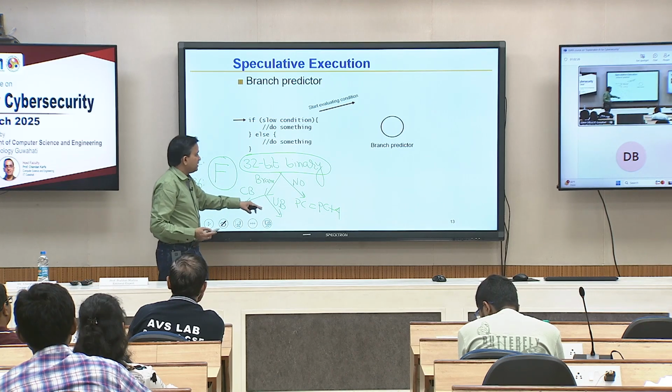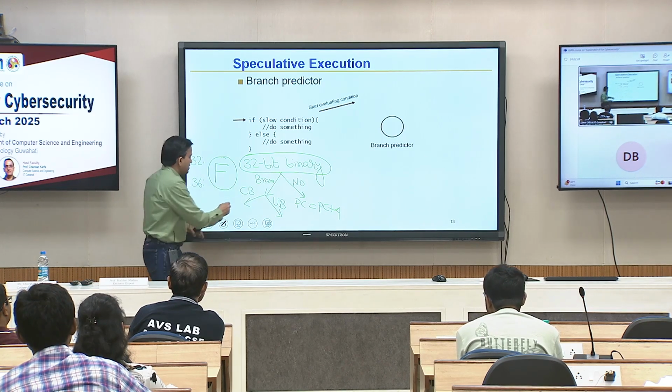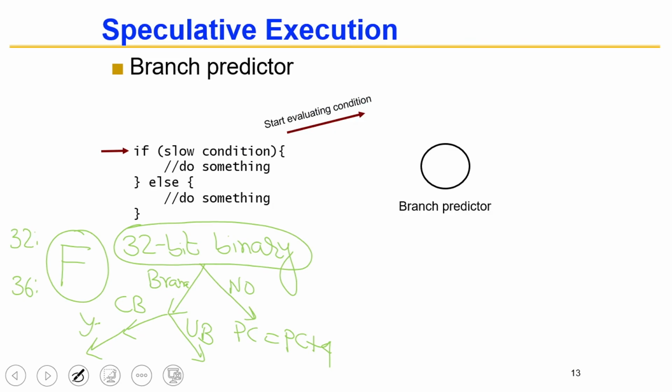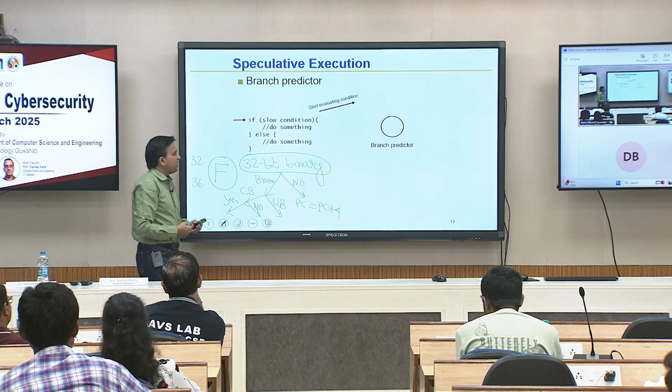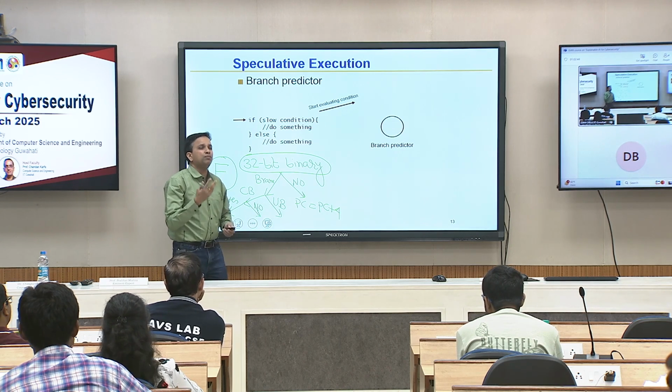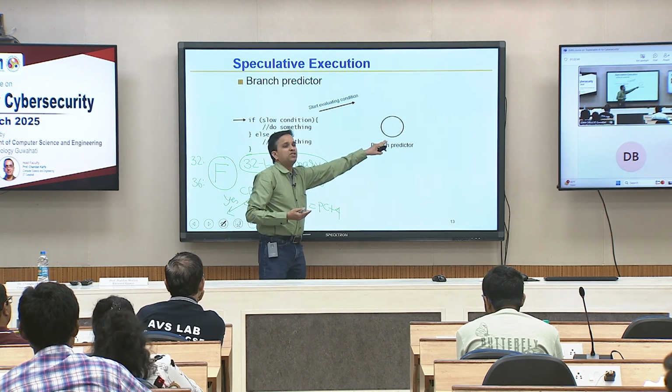Even if it is a conditional branch, now you have to know whether the condition is true or false. That is also something you have to know, and all of that evaluation takes time. In the meantime, the way processors try to go faster is that they keep something called a branch predictor.